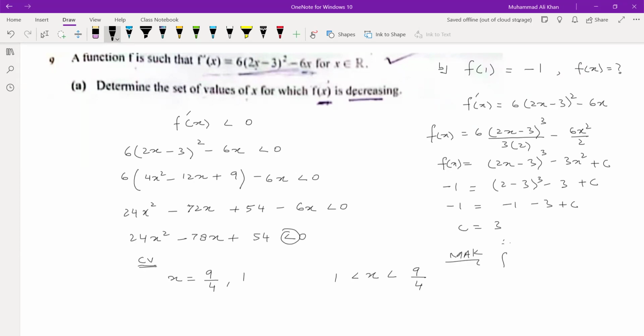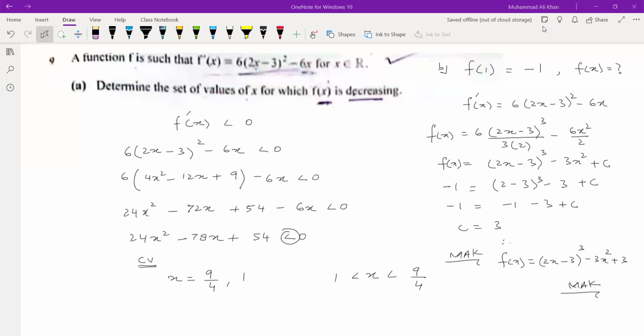Therefore, the equation of the curve is (2x minus 3) whole cube minus 3x squared plus 3. This is the final equation of the curve according to the given question.